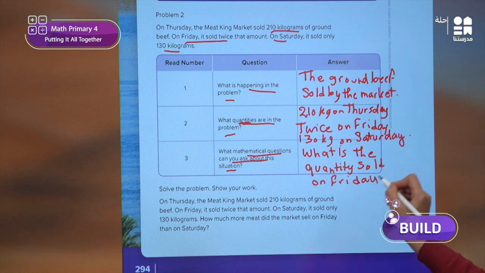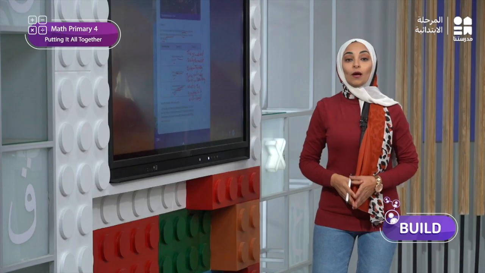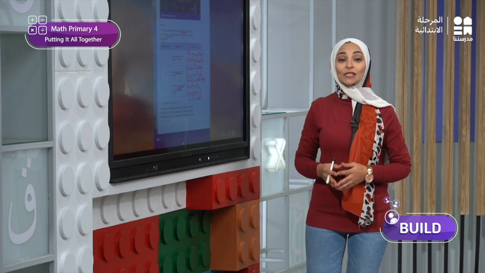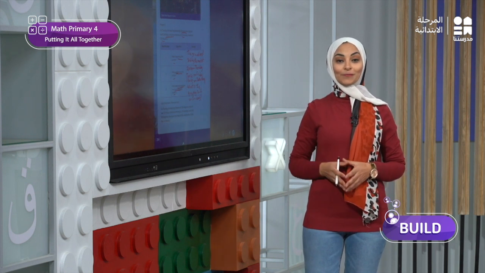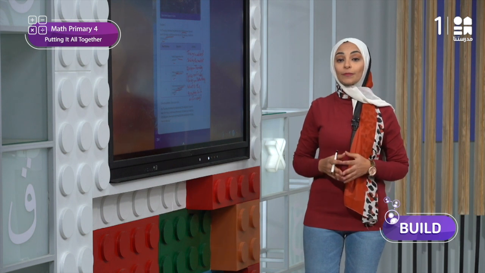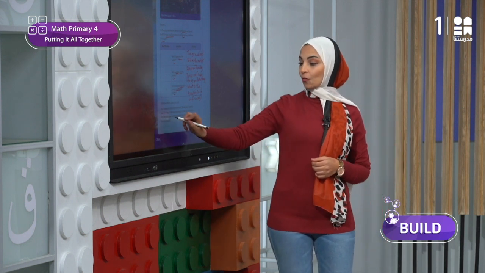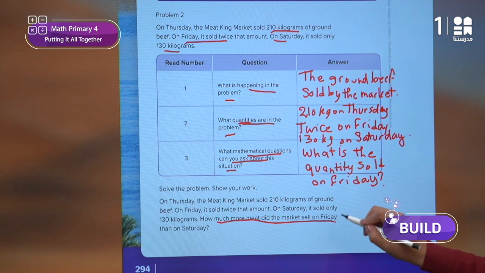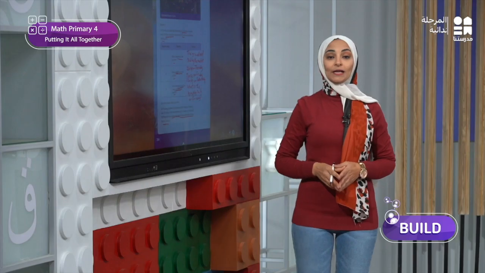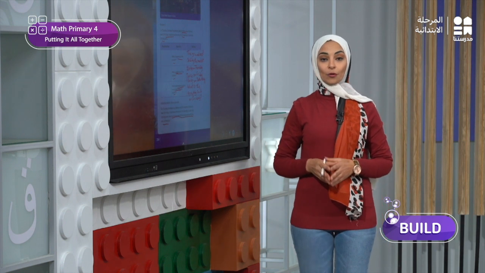I can ask this question. Okay, and I can ask another question: What is the total quantity of meat sold in the 3 days? Now the question of the problem is how much more meat, what is it asking me? How much more meat did the market sell on Friday than on Saturday? Let's write the steps for solving this problem.